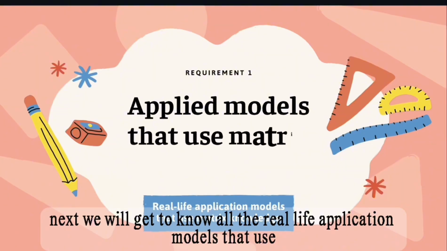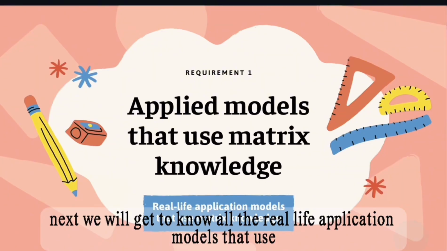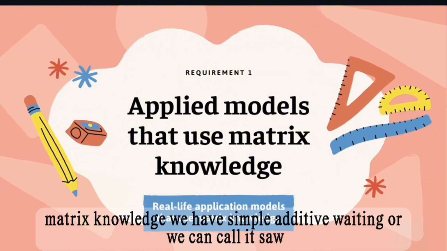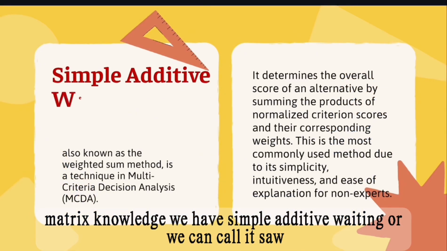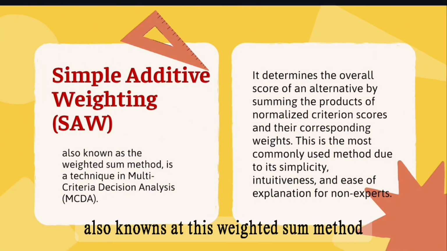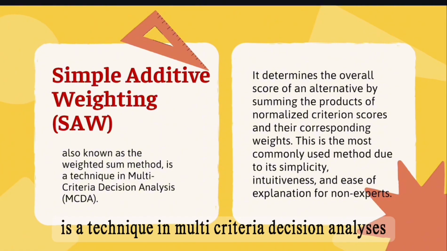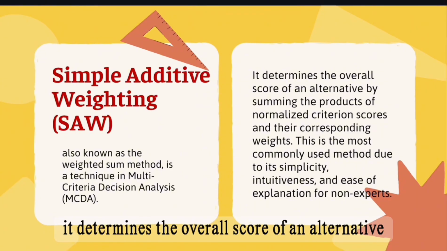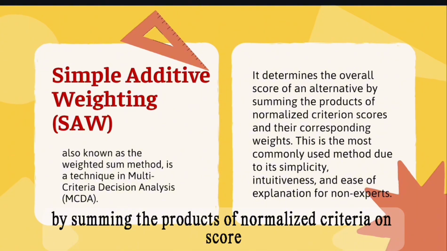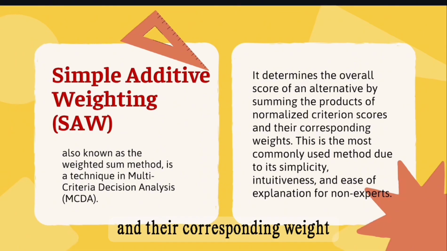Next, we'll get to know all the real-life application models that use matrix knowledge. We have simple additive weighting, or we can call it SAW, also known as the weighted sum method, a technique in multi-criteria decision analysis. It determines the overall score of an alternative by summing the products of normalized criterion scores and their corresponding weights.